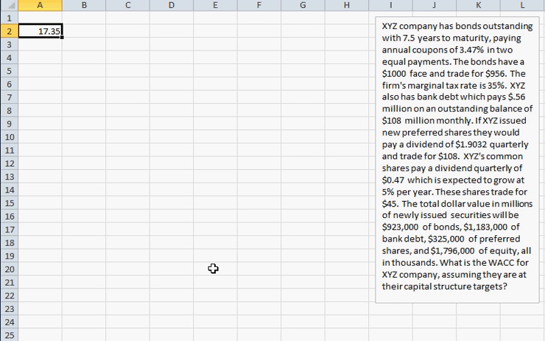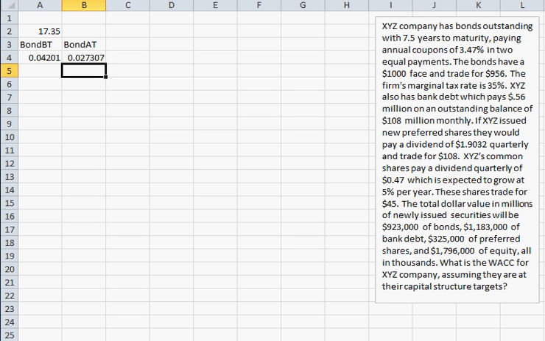Okay, so we've got our bond before tax. Now we need our bond after tax. After tax rate of return on bonds is equal to the before tax rate of return on bonds times 1 minus the tax rate of 0.35, 35%. This is because interest payments to bonds are tax deductible.